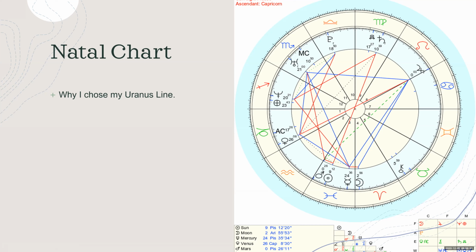Like I said, first of all, a lot of times we don't really have enough information on the outer planets to say that they're in exaltation or not. But technically, Uranus is exalted in Scorpio, so that automatically is going to give Uranus strength.